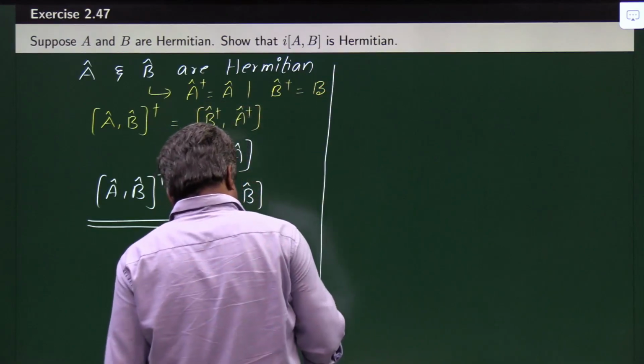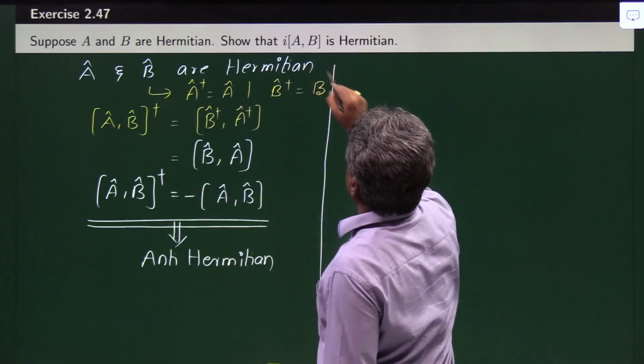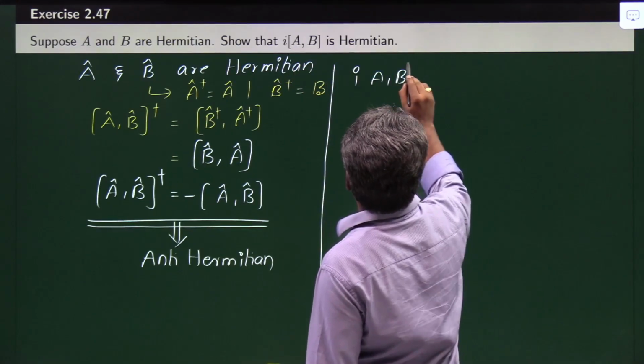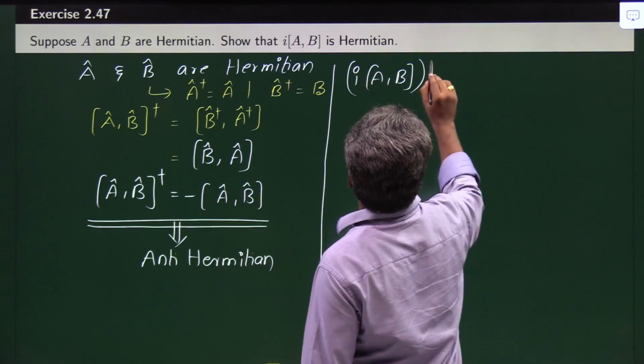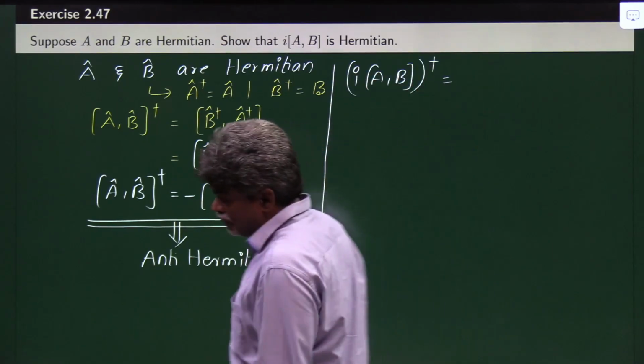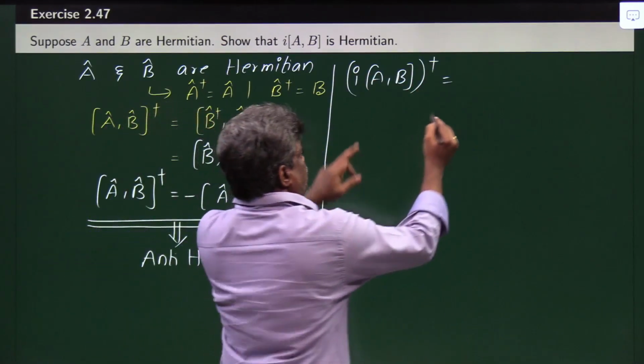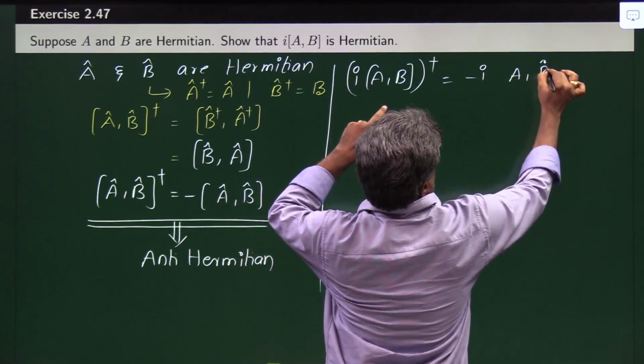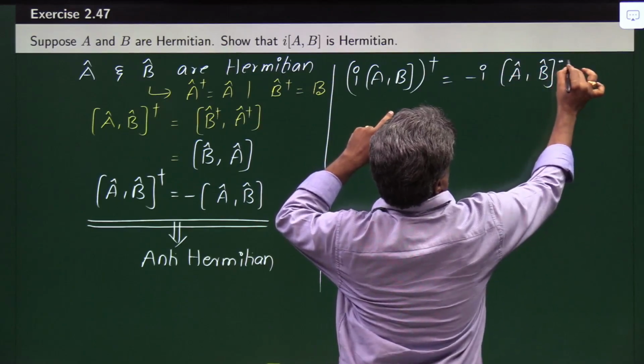And let us go to the question. Here they are asking to show whether iota [A, B] is Hermitian or not. That's why I am applying a dagger to this. Once you apply the dagger, iota dagger is minus iota, times [A, B] whole dagger.